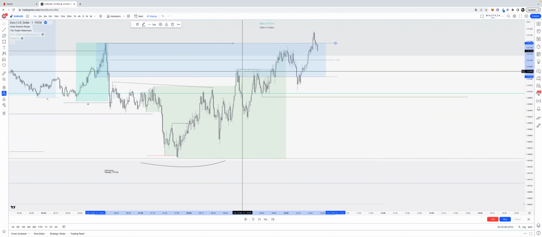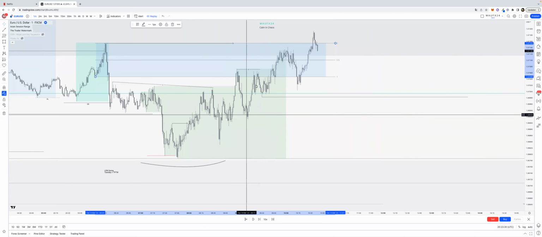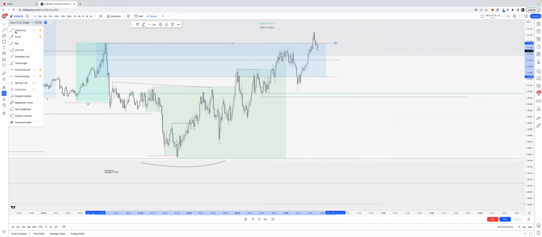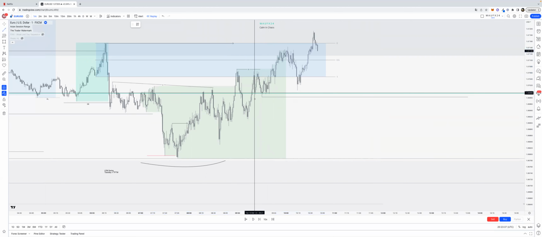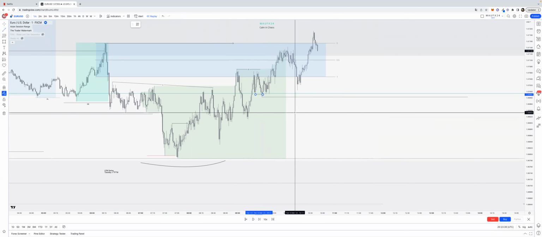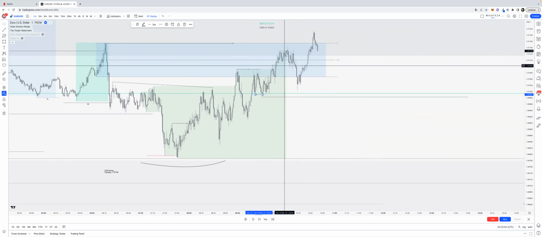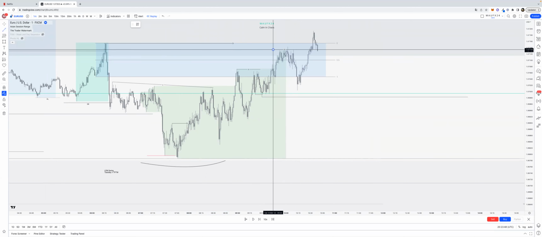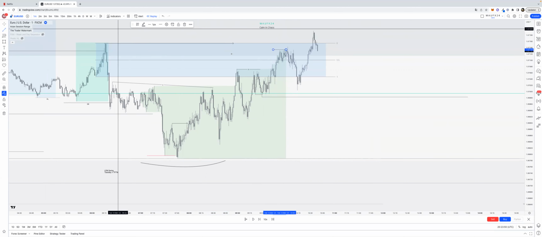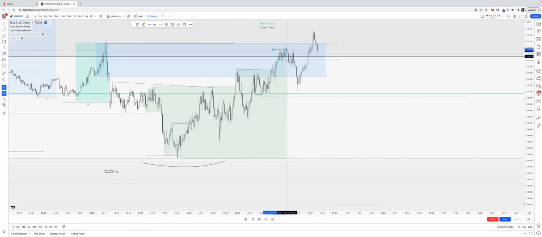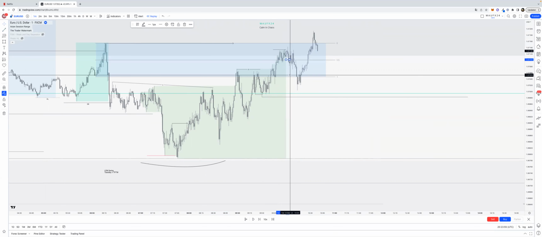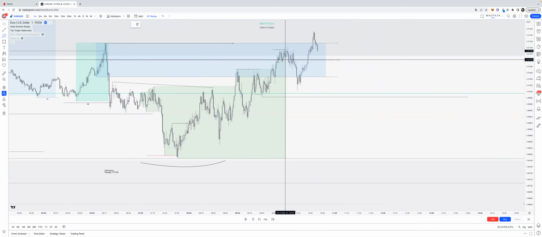We got a bearish break, small one here, followed by bullish break, and then very intricate though. You can see we take out this liquidity and we get the bearish break. And this one, and then you take the 50% of your demand or supply zone.